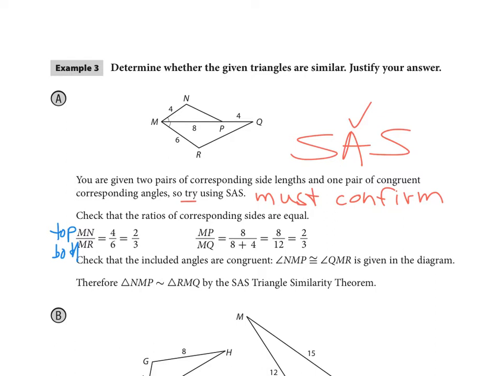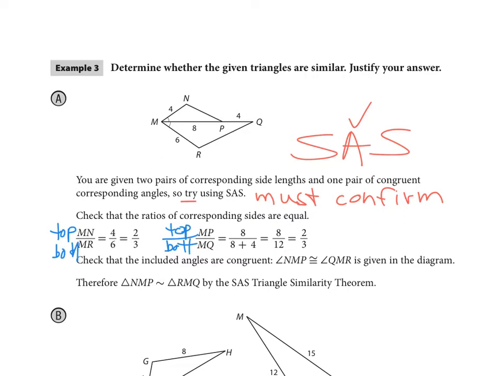So we've already taken care of the shorter sides of the included angle. Now we want to go with the longer sides, and again we still want to go top to bottom. The top triangle has a longer side of the length of MP. That's the longer side of the included angle. And then the longer side of the bottom triangle is all the way from M to Q. So we're going to take 8 and 4 and add those together and we get 12 for that denominator.